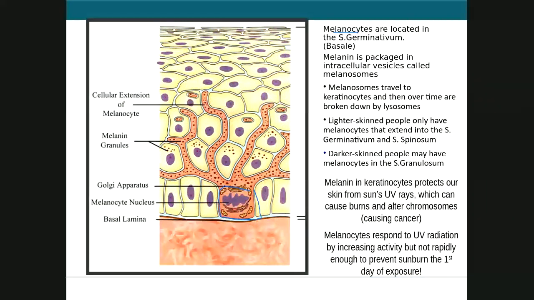We all have the same amount of melanocytes, but darker skinned people will produce more melanin, number one, and in darker skinned people, the melanin will extend further up those layers. So possibly in a lighter skinned person, the melanin will only be present in the lower part of the stratum spinosum, whereas in a darker skinned person, the melanin can extend all the way up.